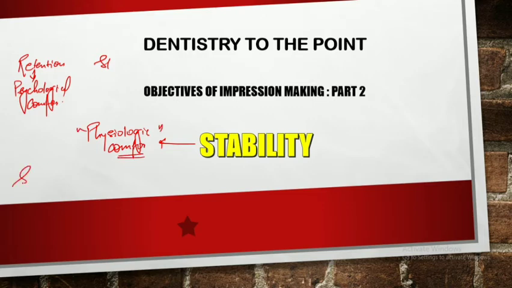And lastly, support was providing us longevity of the prosthesis. If you have not watched that video, then I would suggest that you start with part 1 of the objectives of impression making and then move on to part 2.